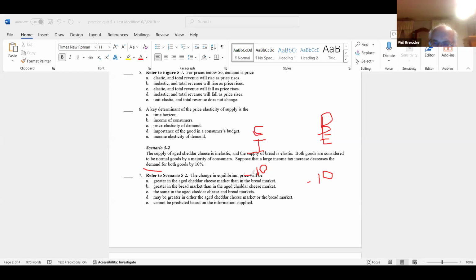Think of the equation, with quantity demanded on top for both. To be inelastic, you have to be less than 1, so the change in price would have to be at least 11%. To be elastic, you have to be greater than 1, so the price at most changes 9%. Therefore, the change in equilibrium price will be greater in the aged cheddar.